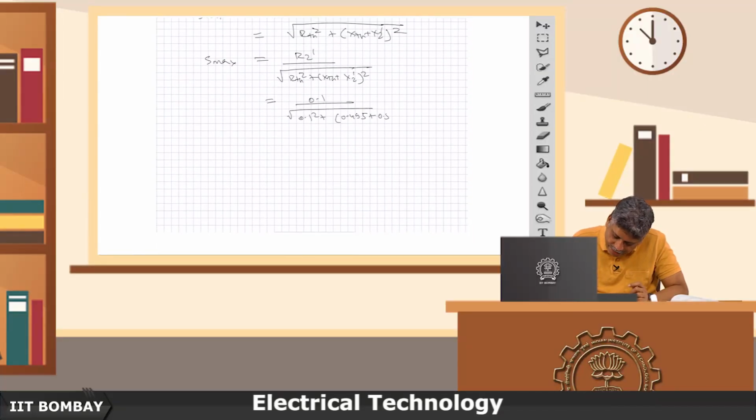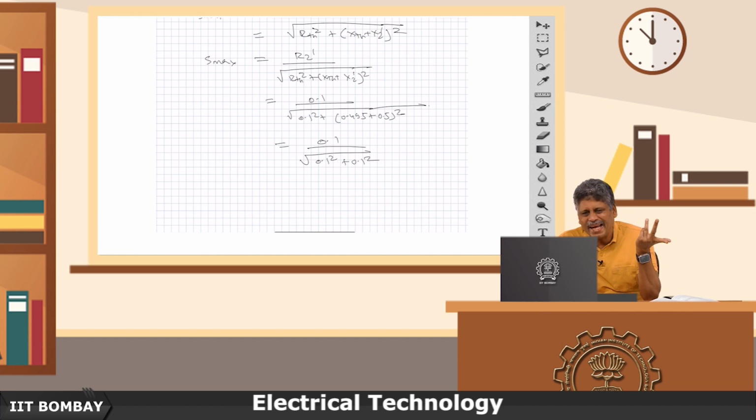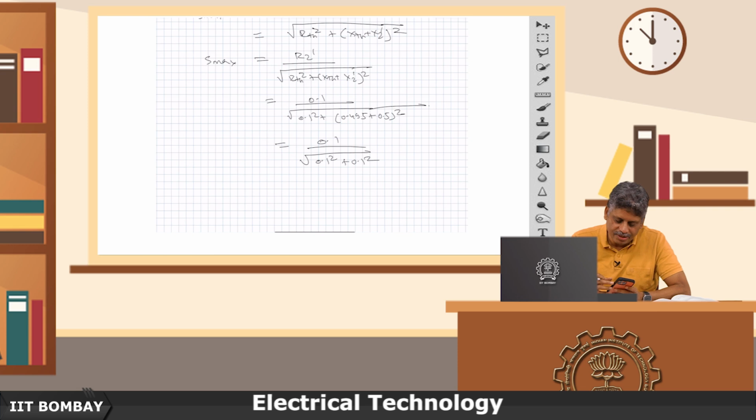I am not a great number cruncher, some people are, but let us still work it out, no problem. 0.1 divided by under root of 0.1 square, I will write it approximately, the other one is also 0.1 square, 0.995 square. So, I am just taking it as 0.1 square.